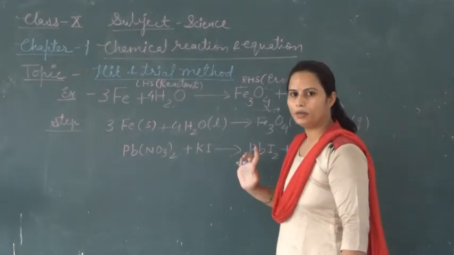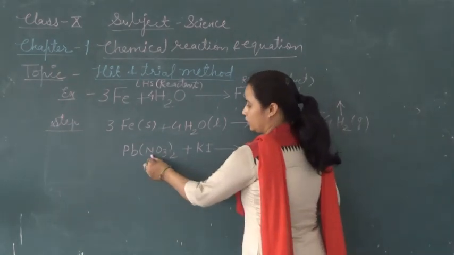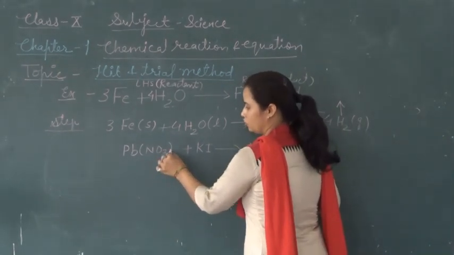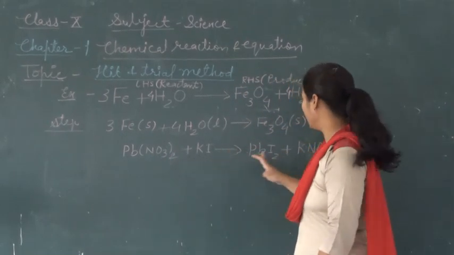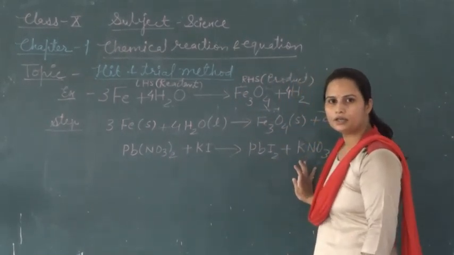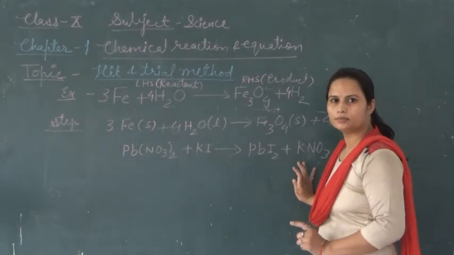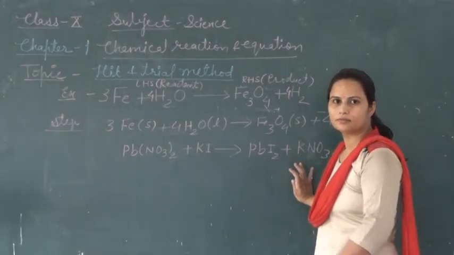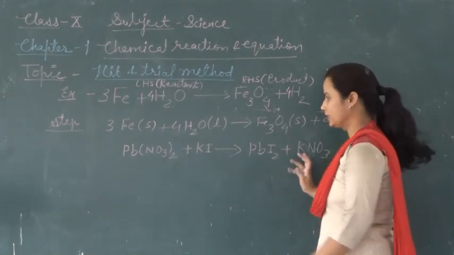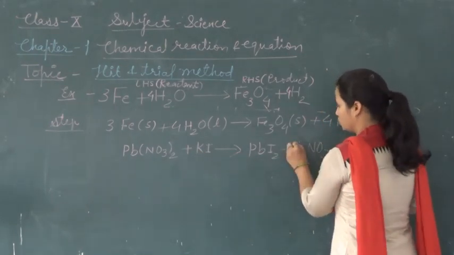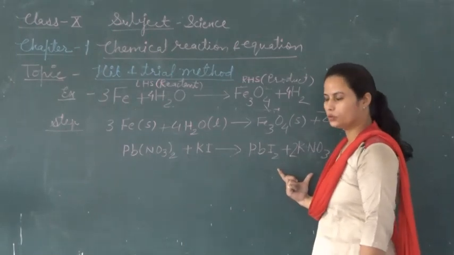First let me start the balancing here. The number of nitrate groups is 2, so we balance at the right hand side. The number of nitrate groups is 2, so here we write 2.